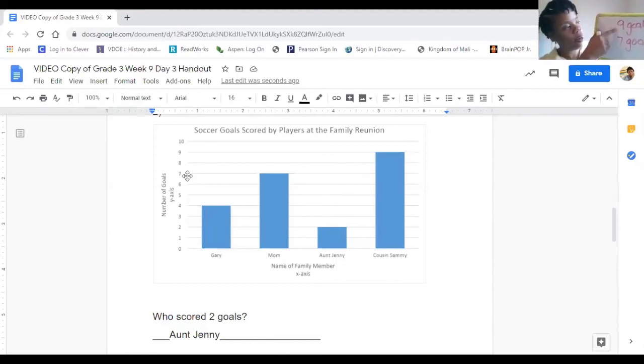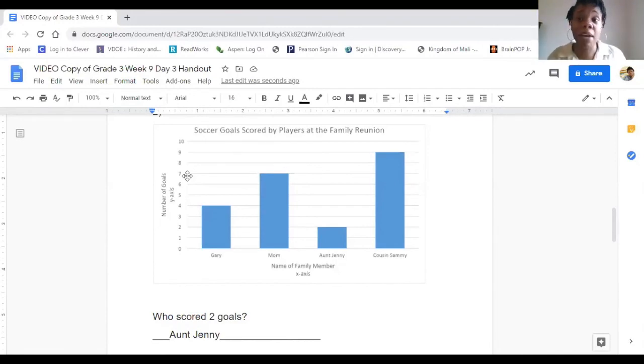I know that 9 is 2 more than 7. And I'm going to check my math just to make sure. I can do that by subtracting 7 from 9, and that's 2. Oh, okay, so yes, Sammy scored 2 more goals than Mom.